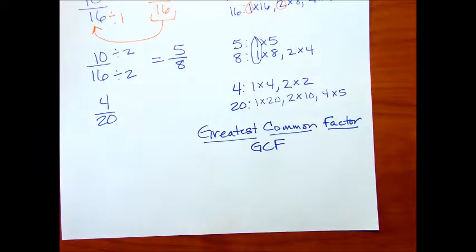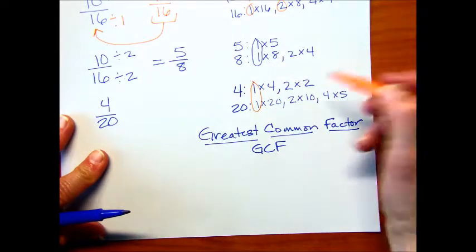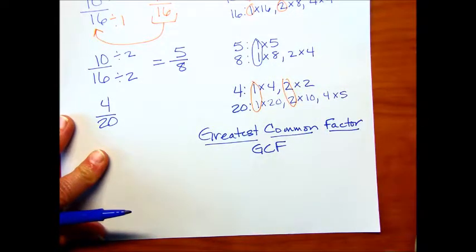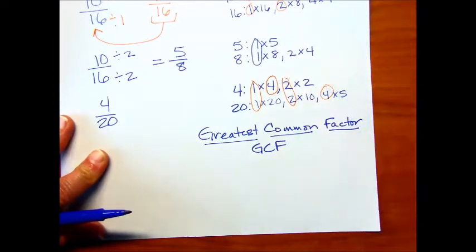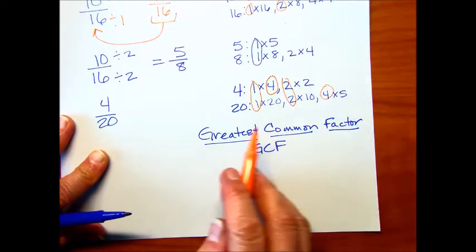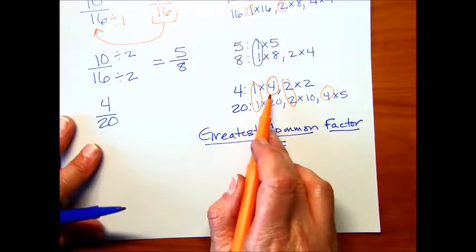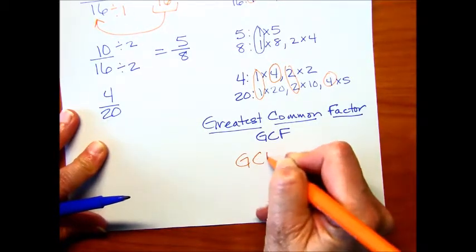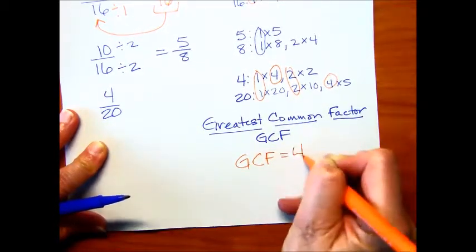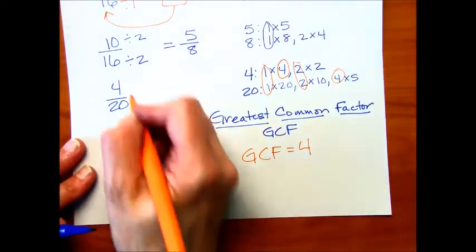Let's look at the common factors and pick the one that's the greatest. We have the 1s, we have the 2s, and it looks like we have 4s. It doesn't look like we have any other factors that they share. So 4 is going to be our greatest common factor. Knowing that, that's what I'm going to divide by.